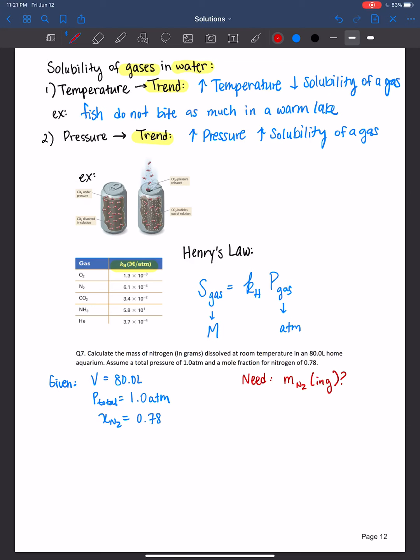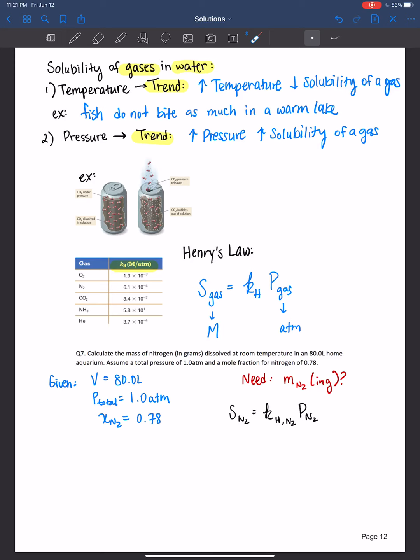All right, so let's go ahead and get started. We just learned that we can find the solubility of the gas of nitrogen using Henry's law. And you may see here that we need the partial pressure of the nitrogen gas, but we're given the total pressure and we're also given the mole fraction. Now you'll have to dig back into your knowledge from first semester of general chemistry when you studied gases.